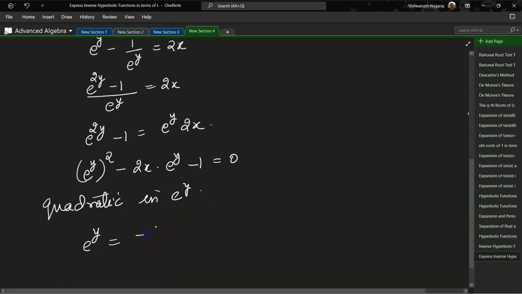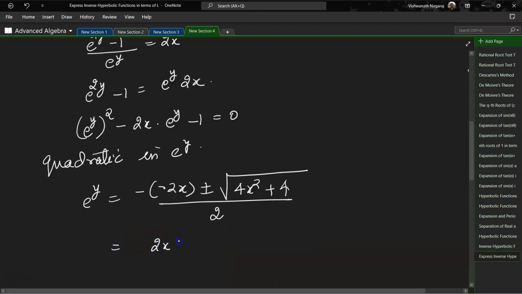So minus b plus or minus square root of b square minus 4ac. So minus into minus plus 4, by 2a. So this becomes 2x plus or minus square root of 4x square plus 4. We can take 4 common out and take the square root.